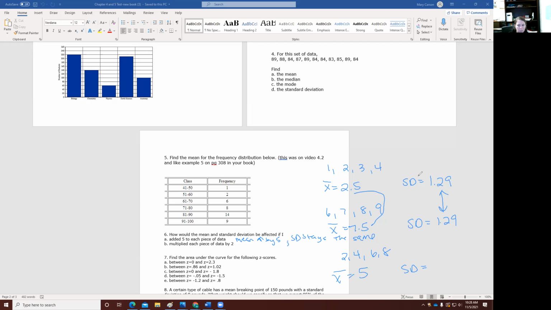And the standard deviation becomes 2.58. And if you notice that, that's pretty much doubled. So 1.29 times 2 gives you 2.58. And 2.5 times 2 gives you 5. So what would you say happened? Well, you would say the mean gets doubled and the standard deviation is doubled.